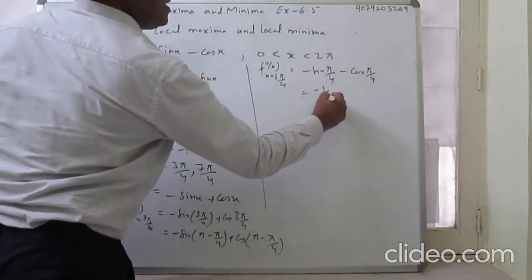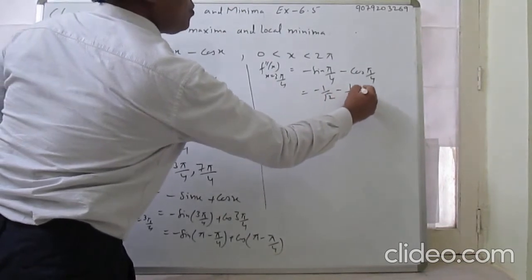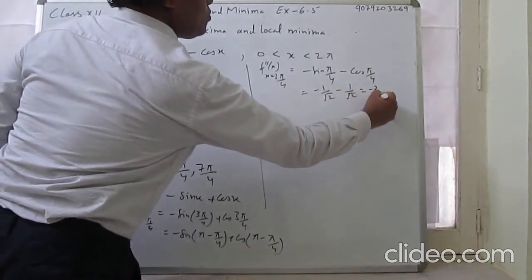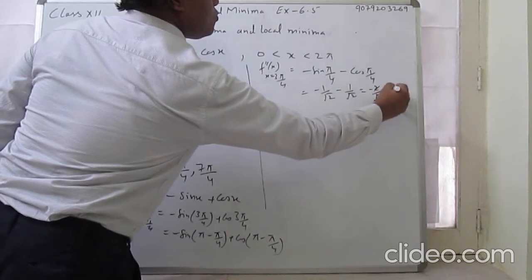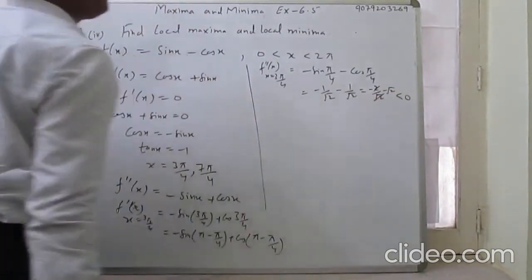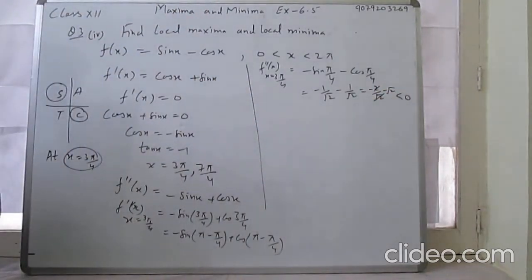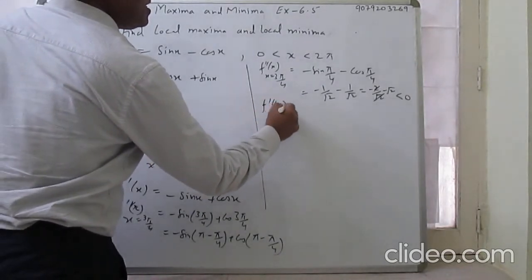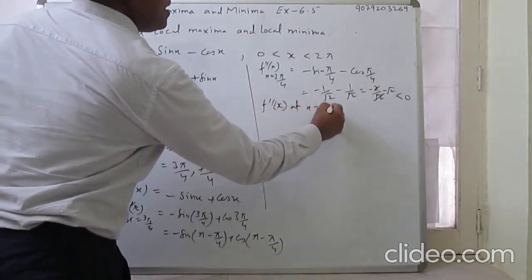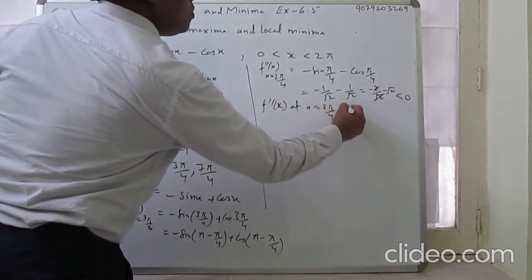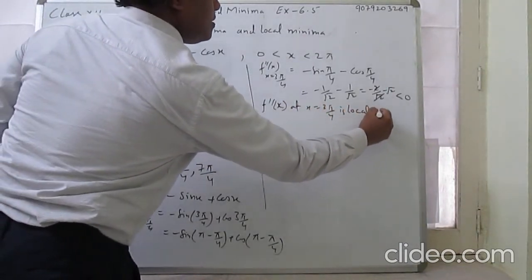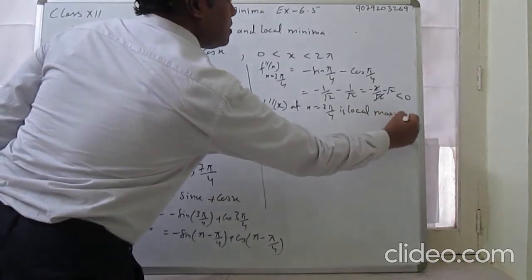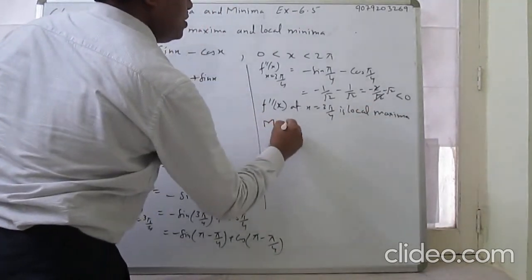So it becomes minus root 2, minus 1 by root 2 minus 1 by root 2, is equal to minus 2 upon root 2. So it is minus root 2, which is less than 0. So f double dash x at x is equal to 3 pi by 4 is a local maxima.